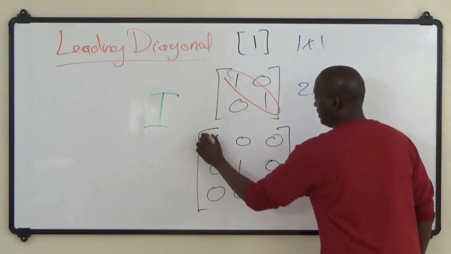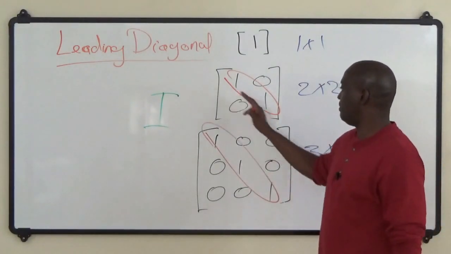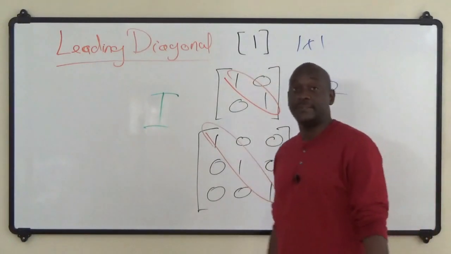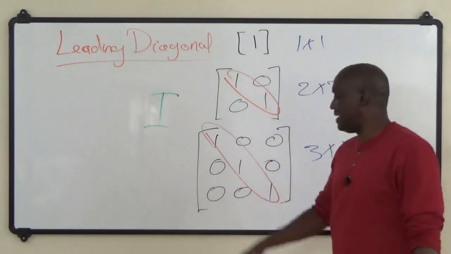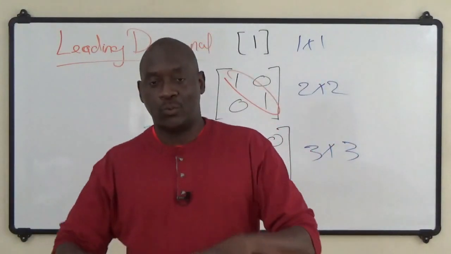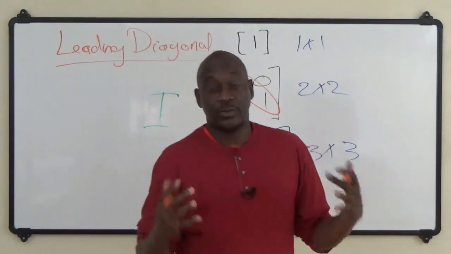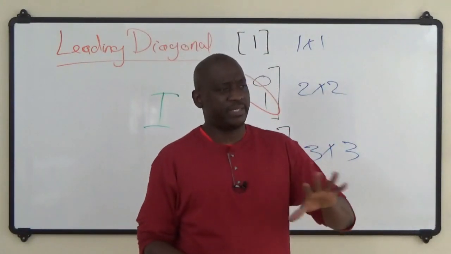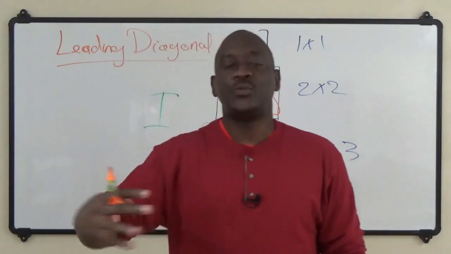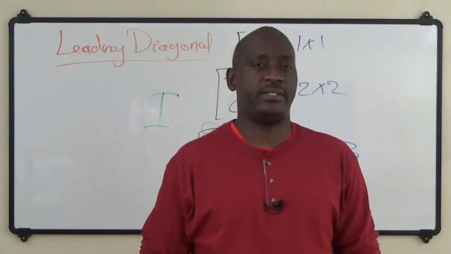That's the leading diagonal, top left to bottom right, top left to bottom right. Of course, this is just a 1 by 1, so that is what it is. And of course, the leading diagonal has its own special properties again within the branch of arithmetic concerning square matrices. All right, square matrices is a whole separate study by itself, which you will do as you get deeper and deeper into the whole topic of matrices.